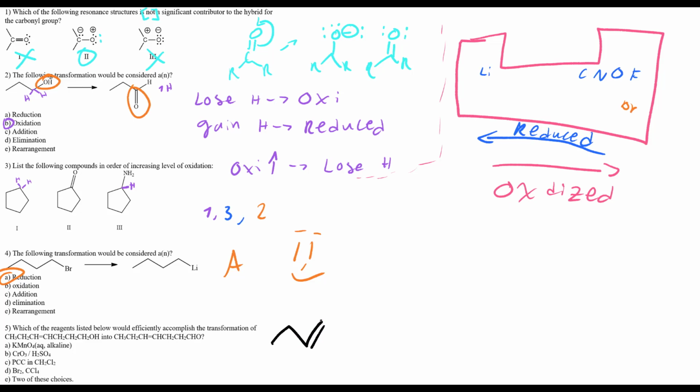And CH2, CH2, CH2, alcohol. And then we transform it into another thing. So CH3, CH2, carbon that's double bonded to another carbon. CH2, CH2. And then we have this.